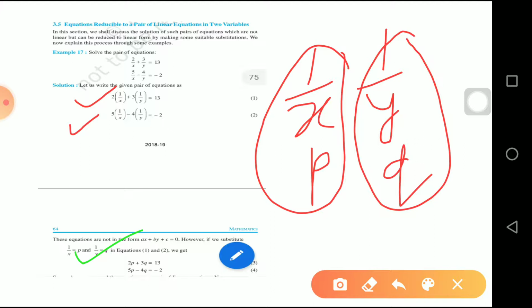This is the converted form of the first equation. And the converted form of the second equation is 5p minus 4q equal to minus 2. Now we have linear equations in two variables p and q.